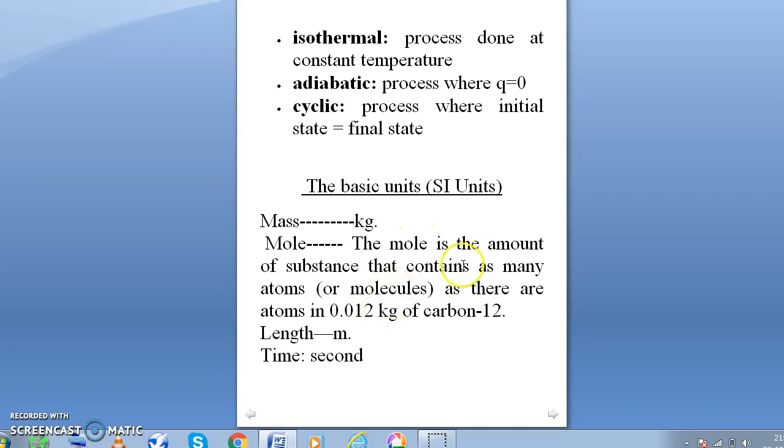Next we have the basic units, that is our SI units. The SI unit of mass is kg. Mole: the mole is the amount of substance that contains as many atoms as there are atoms in 0.012 kg of carbon. The SI unit of length is meter, time is second.